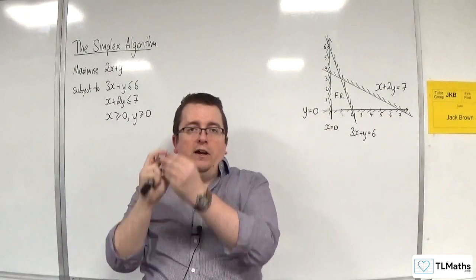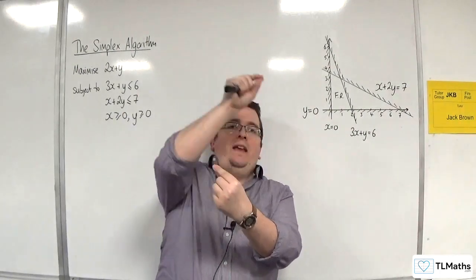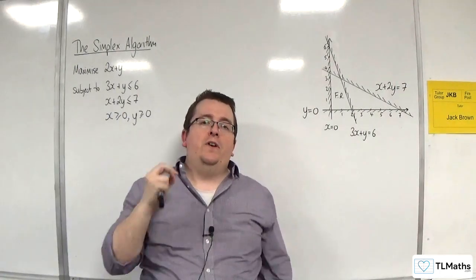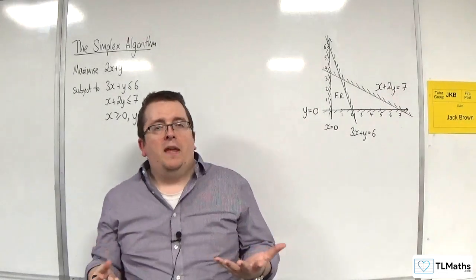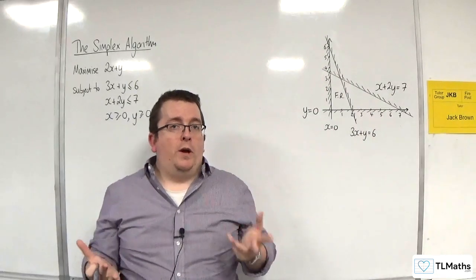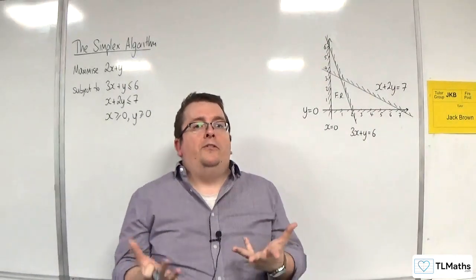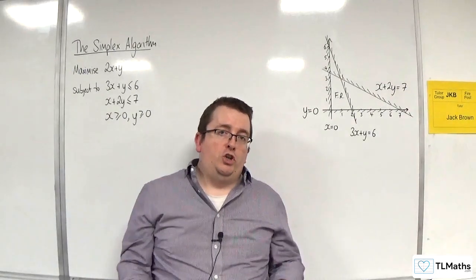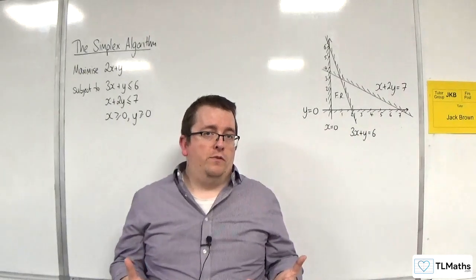So it essentially starts at the origin and works its way around the feasible region, checking the vertices as it goes. It is an exercise in simultaneous equations. That is essentially what's going on. So when you solve simultaneous equations using the elimination method, that is essentially what we are doing with the simplex algorithm.